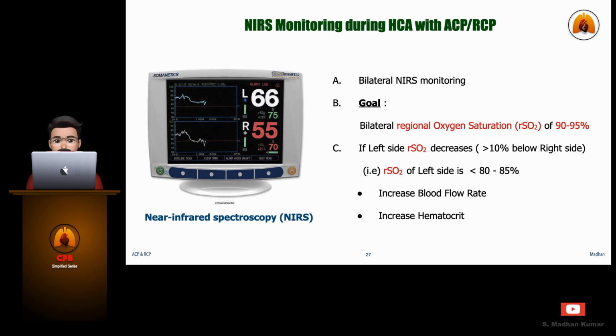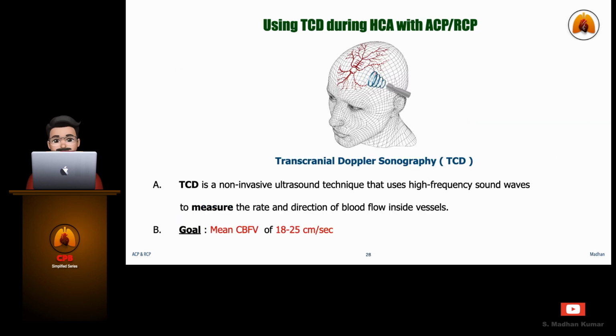During TCA, bilateral NIRS monitoring is required, and we should maintain bilateral regional oxygen saturation of about 90 to 95%. If the left side regional oxygen saturation goes below the right side, that is, RSO2 of the left side is below 80 to 85%, increase the blood flow rate and increase the hematocrit to bring up the RSO2 of the left side.